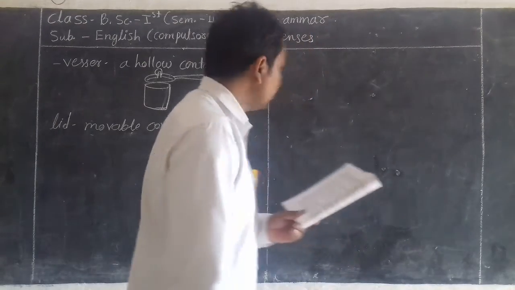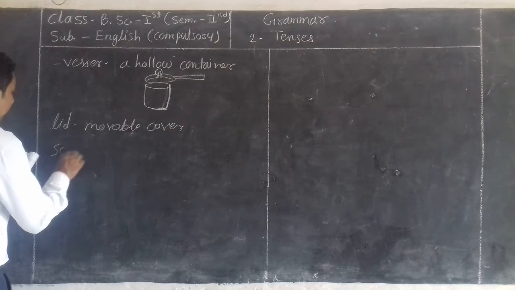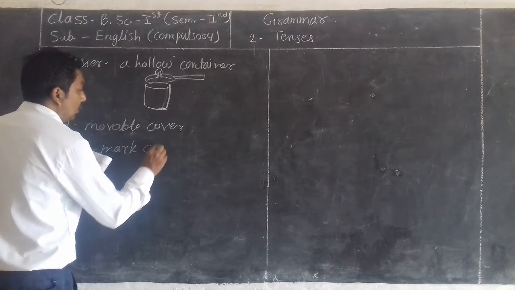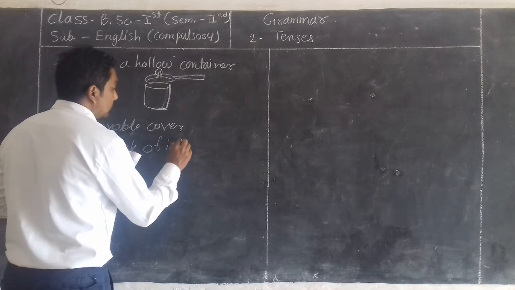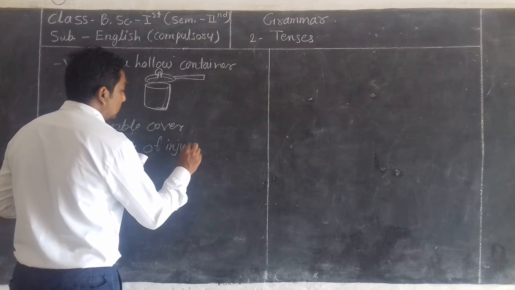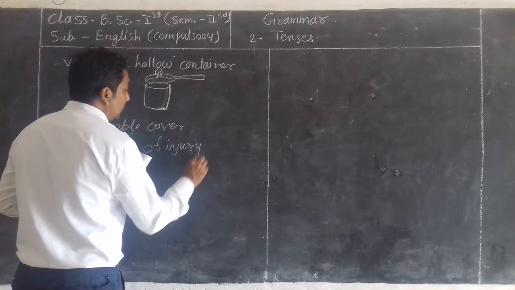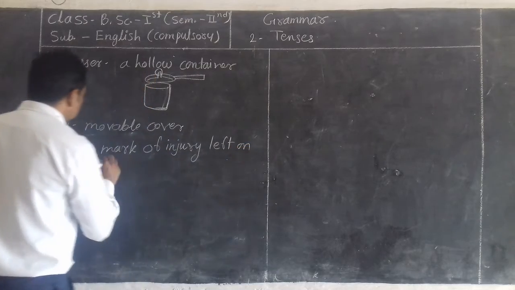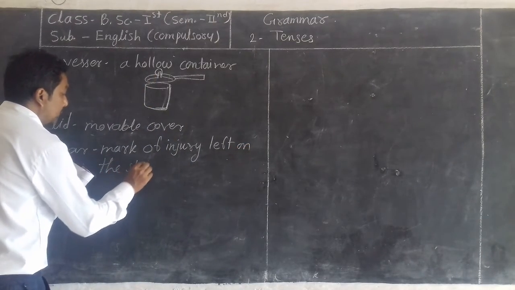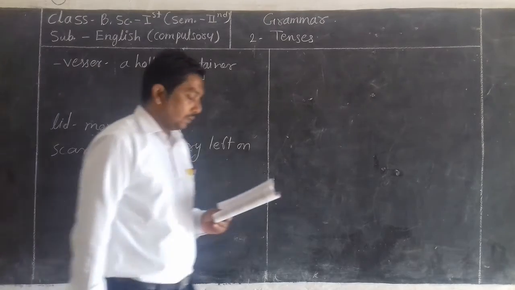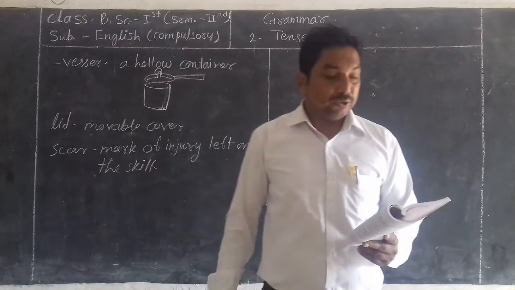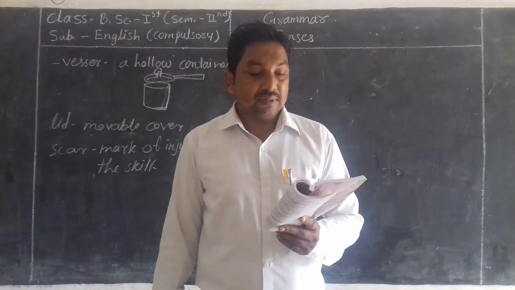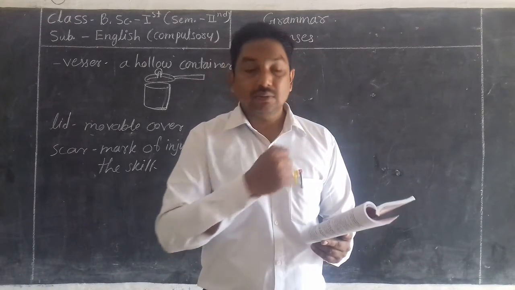Scar means a mark of injury left on the skin. So there was a mark of injury on his skin. There is a long scar on the left side of the face. On the left side of the face there was a mark of injury.